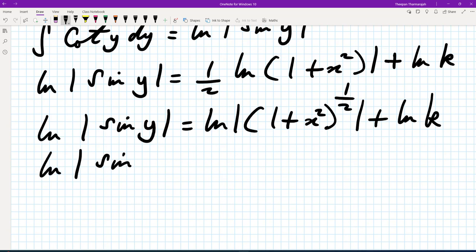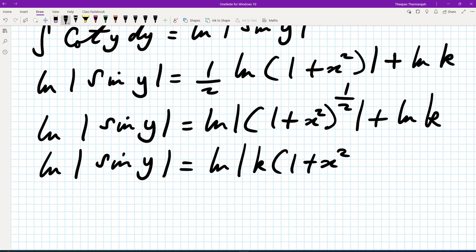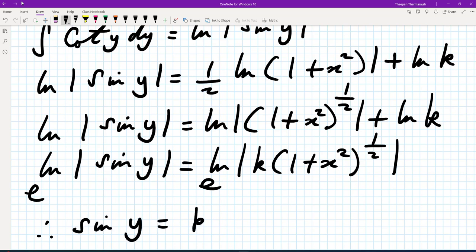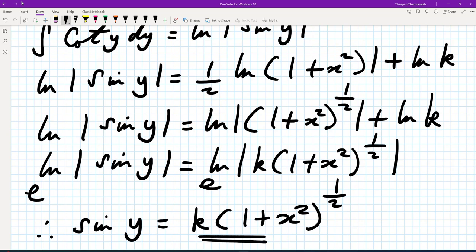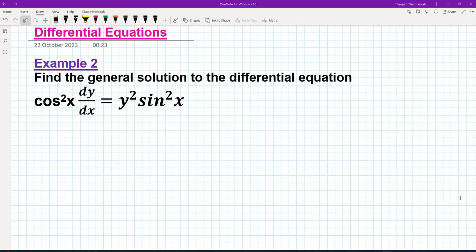So it's ln sine y equals ln of k times 1 plus x squared raised to the power of a half. And now what we can do is anti-log both sides, or take exponents of both sides, which mean the same thing. So therefore sine y equals k times 1 plus x squared raised to the power of a half is our solution.